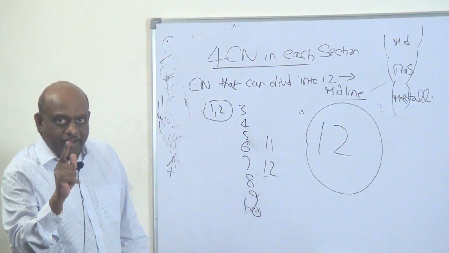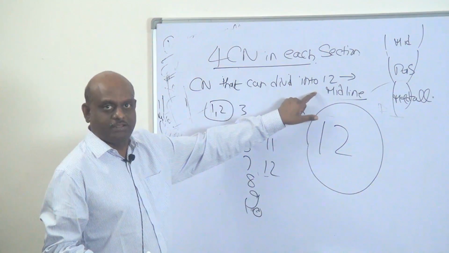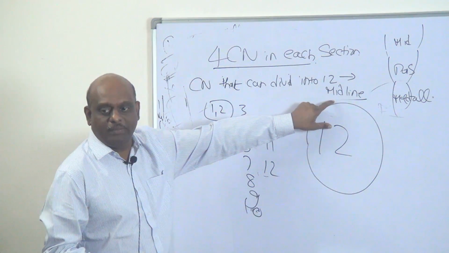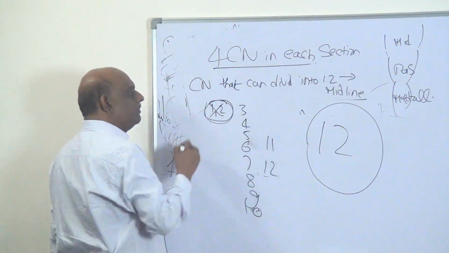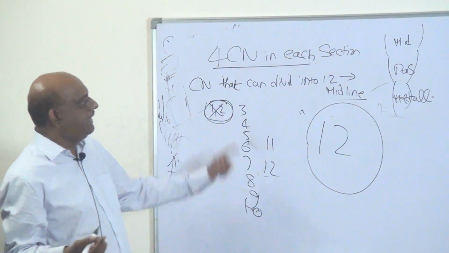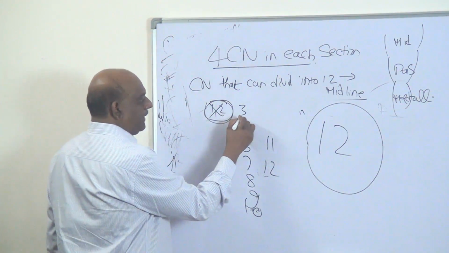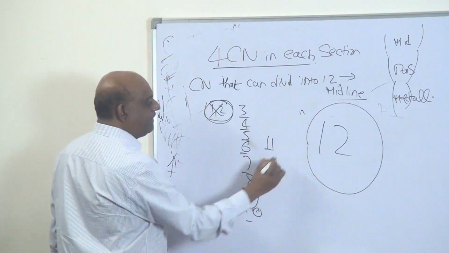So the cranial nerves that can divide 12, they are all midline. Now tell me, what are the cranial nerves? Cranial nerve 1 and 2, we are not anyway talking about them. In the midbrain, 3 and 4 are there. So 3, 4, 5, 6, 7, 8, 9, 10, 11, 12.